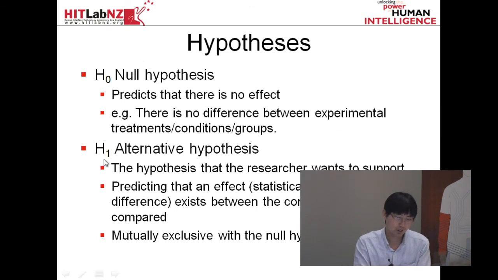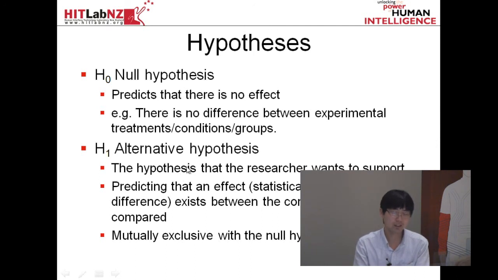The hypothesis you want to support is called the alternative hypothesis, which is what the researchers want to support. For instance, the alternative hypothesis could be that stylus and mouse have a difference in terms of task performance. That's the one thing you want to support if you have invented the stylus and you want to say it's better.